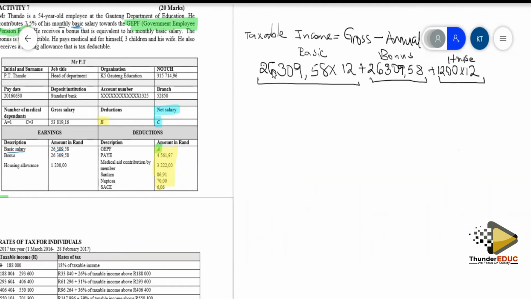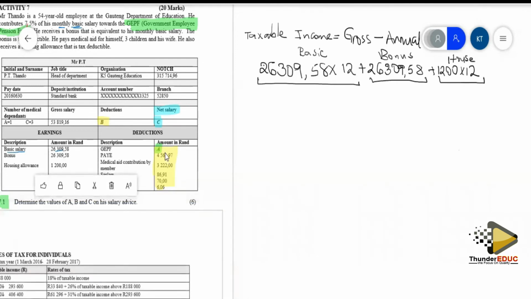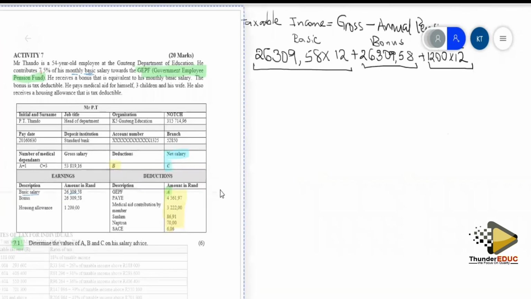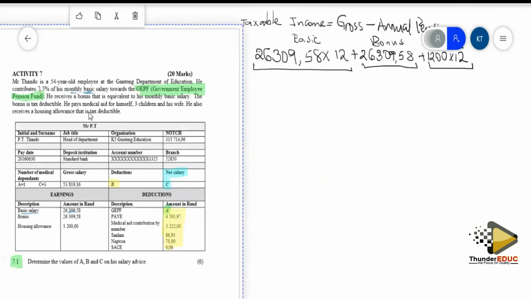It's also taxed. Why do we say it's taxed? Because, when you remember the scenario very well, the scenario says the housing allowance is taxable, simply meaning they take tax from the housing allowance. Let's continue and find out.